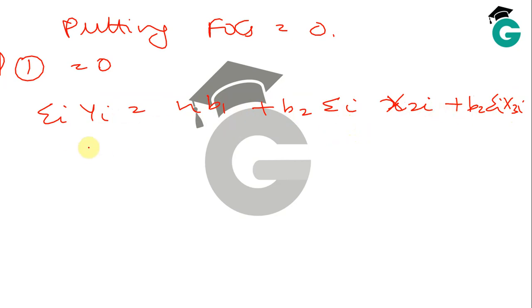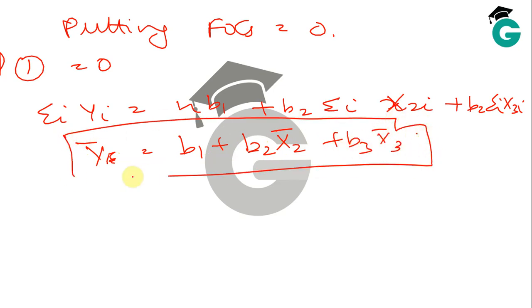Now I can divide this entire thing by n and I can say y bar equals b1 plus b2 x2 bar plus b3 x3 bar, right? So that's your equation 1.